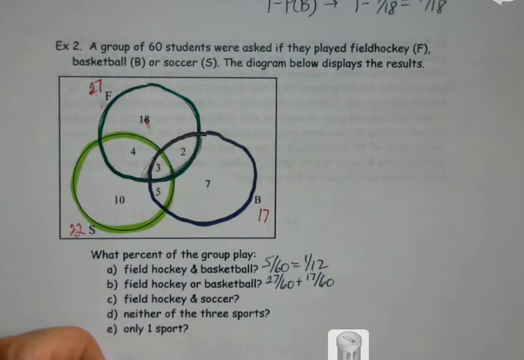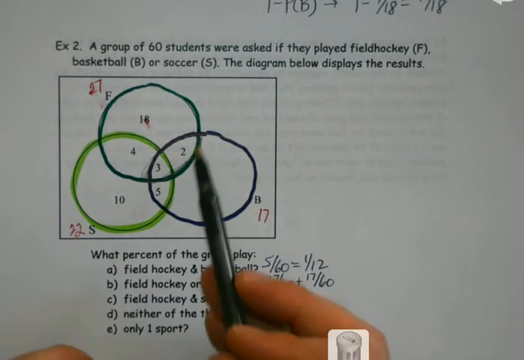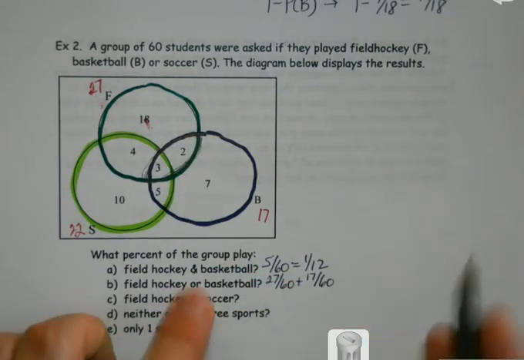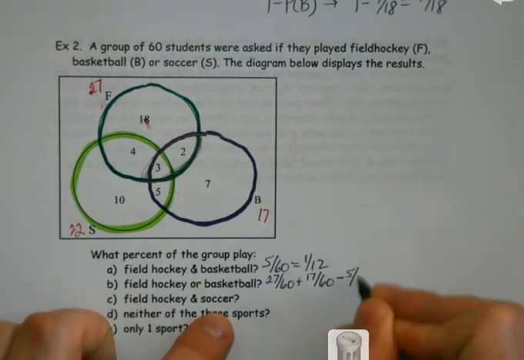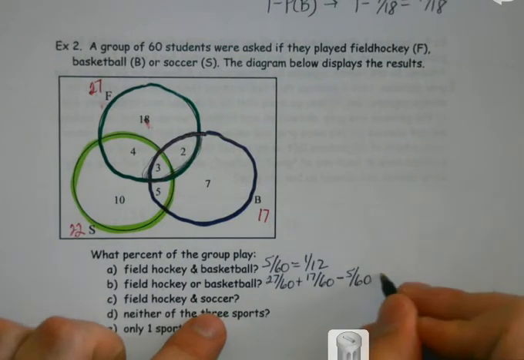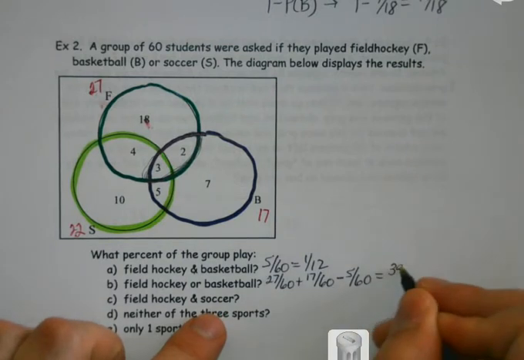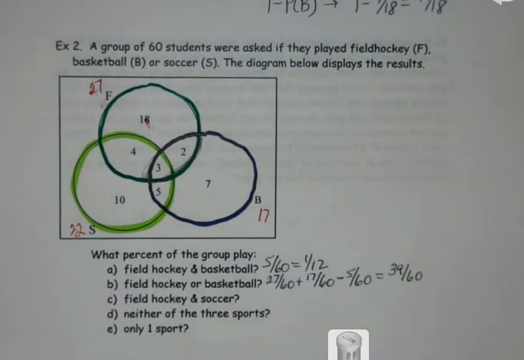And how many do both? Field hockey and basketball, we just figured that out. 5. So I can do it in pieces.